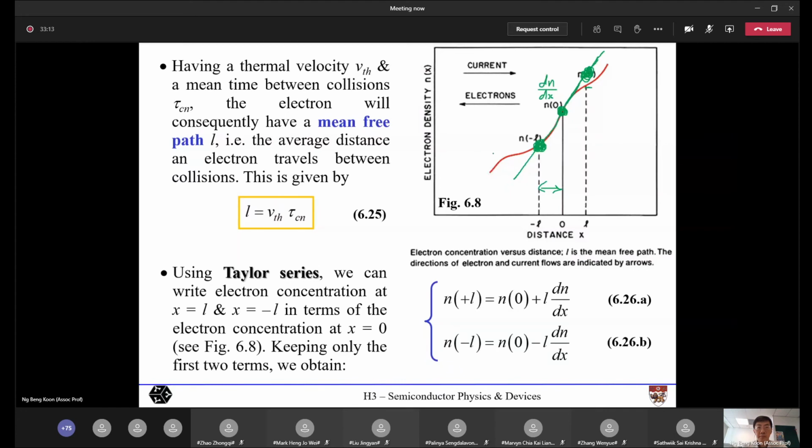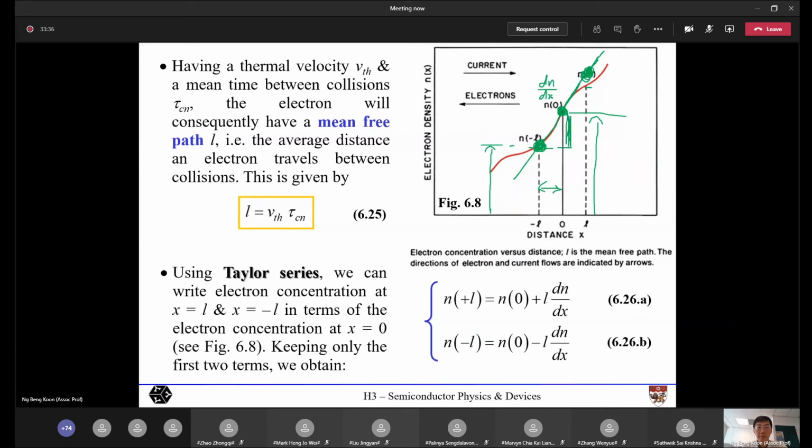So if we look at n of minus L, how do we get the vertical value? The idea is that we want to find out what this value here is. So what approximation can we do to estimate it? Consider the value at x equals 0, which is this value here. I need to subtract from n of 0 by this amount here.